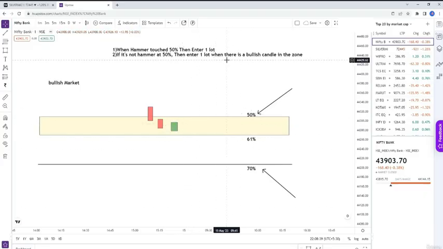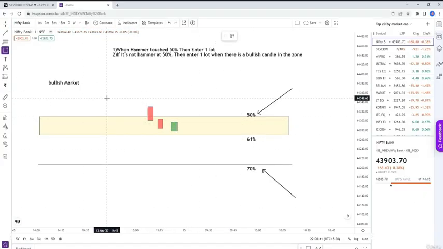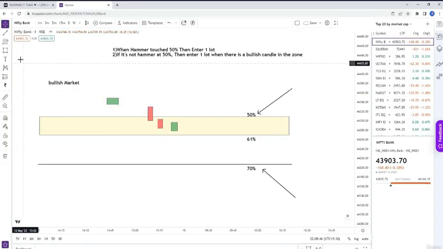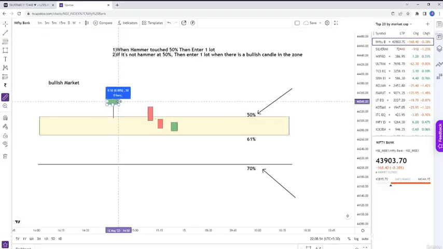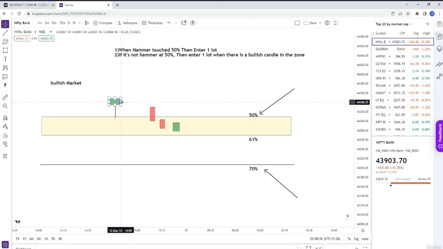If this is a hammer candle, in most cases it doesn't even go inside the zone. It simply bounces back from it, not going inside. You will not get a chance.